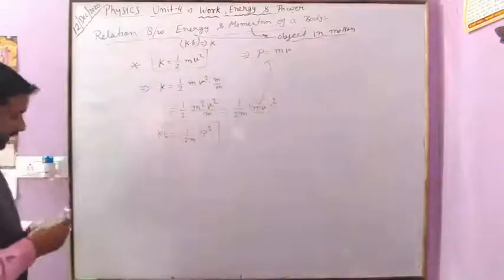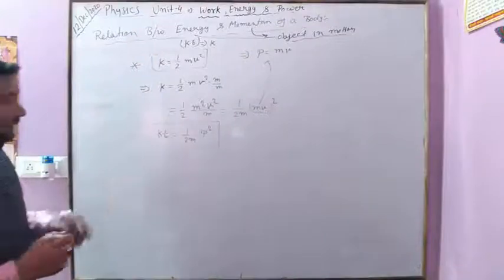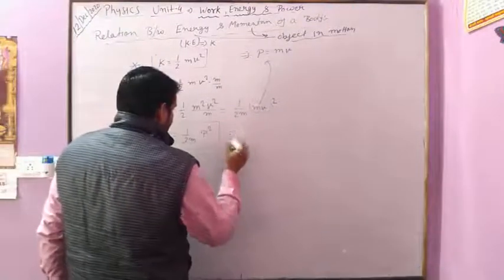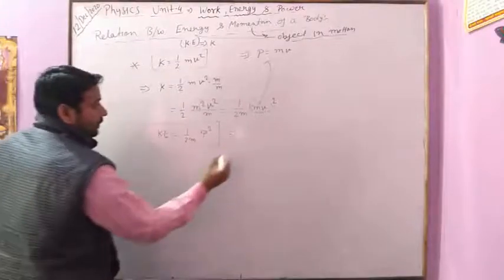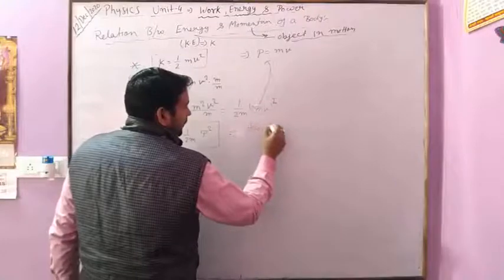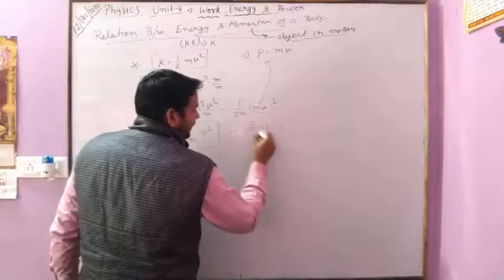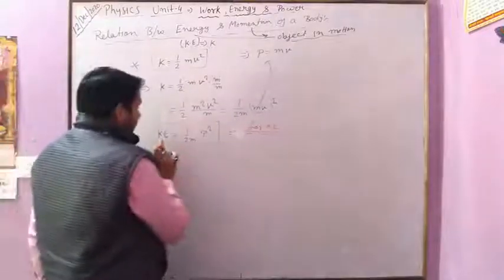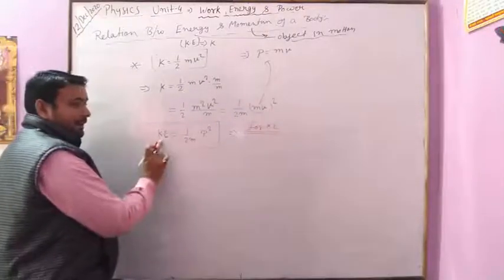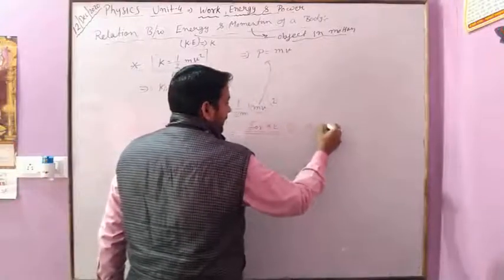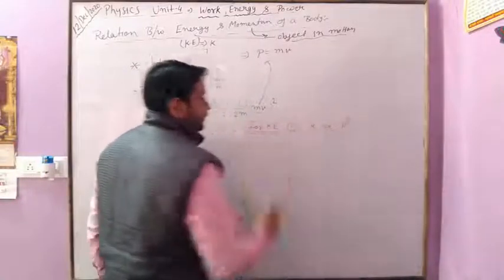Now we can relate from here three conditions. For kinetic energy, let's say the first point. When we correlate the kinetic energy with the momentum, first we get that the kinetic energy is directly proportional to p square.